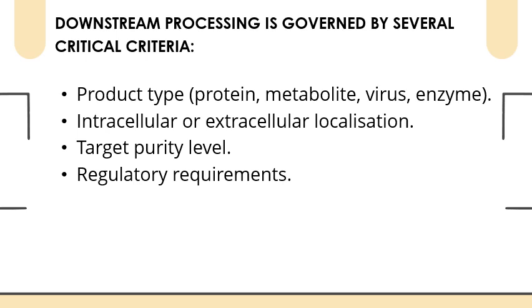Because for pharmaceuticals, for example, you must have a specific purity, and for food, you have another purity level. So that will depend on the product regulatory requirement by the government.